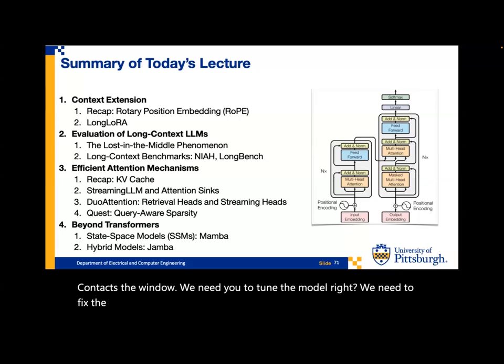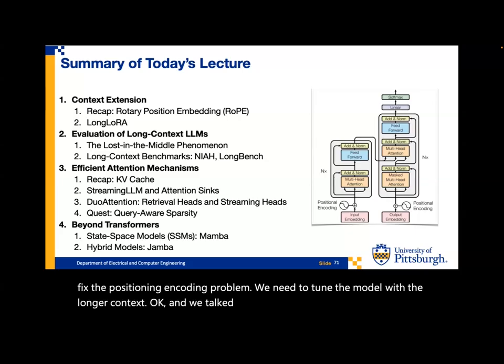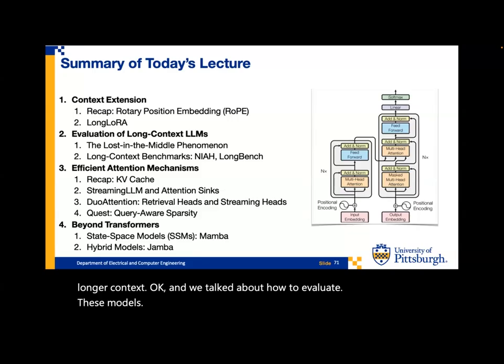We need to tune the model with the longer context, okay? And we talked about how to evaluate these models. Then we talked about, when we are processing streaming chats, how to use attention sinks, and how to evict the previous tokens.